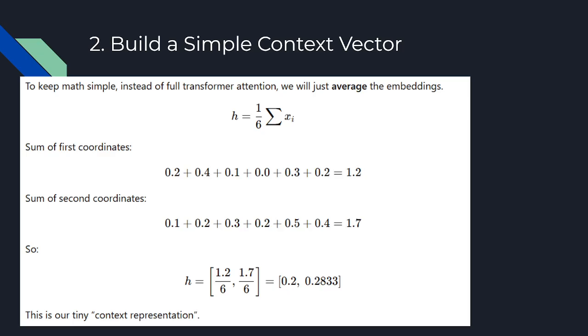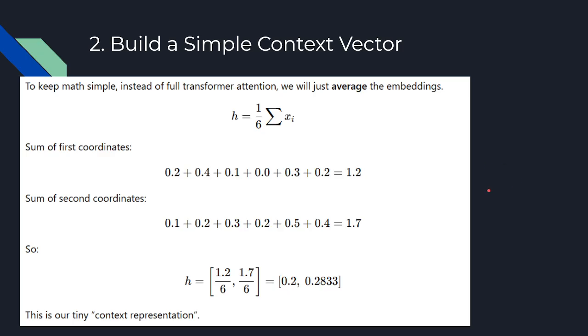But in the real-world example, there are various K, V, and other factors in place, which we'll see in the next chapter, on how we can utilize these to get the embeddings. So for this example, we're just taking the first coordinates and the second coordinates, summing them and averaging to provide the context.